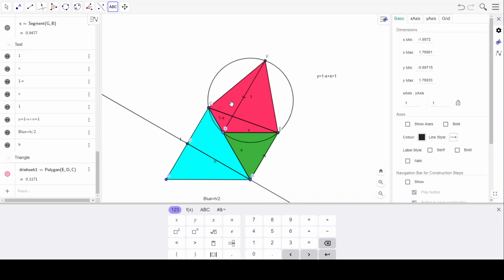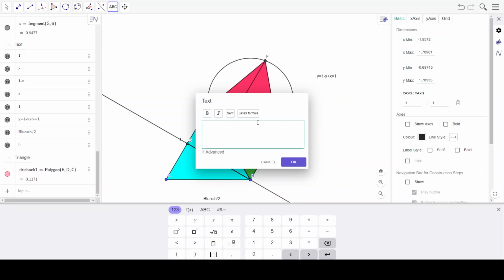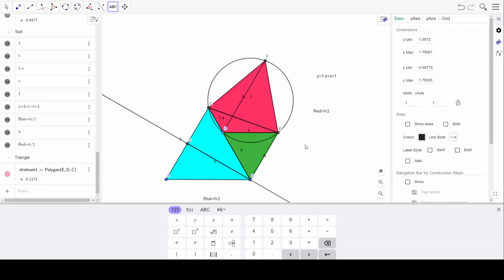So if you add up those triangles you will get that red also equals h over 2. And that means that red is equal to blue, so their area proportion is 1.